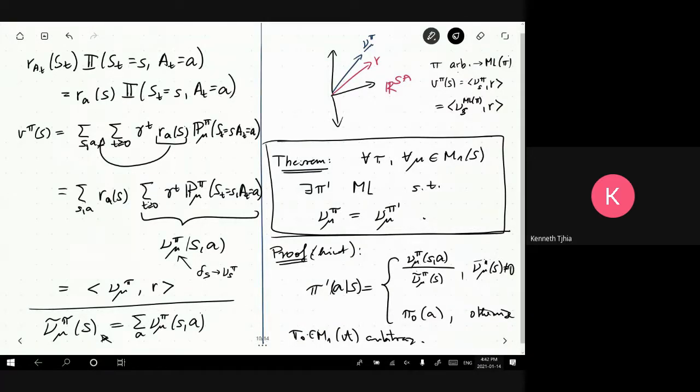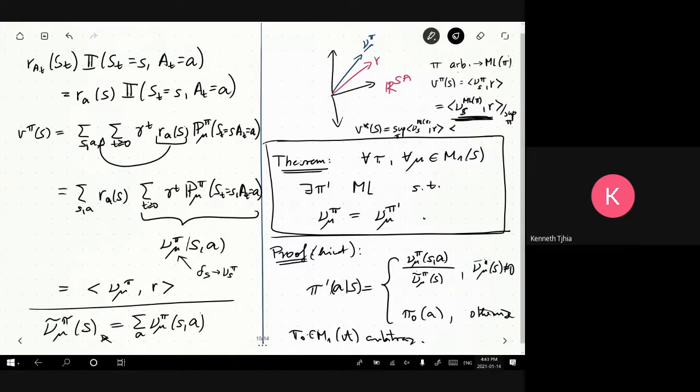So now take the supremum of both sides. So I get on the left-hand side the optimal value function. And here I'm taking the supremum over all pi of mu s ml pi r. But inside, when I take a pi, I switch to just the set of memoryless policies.